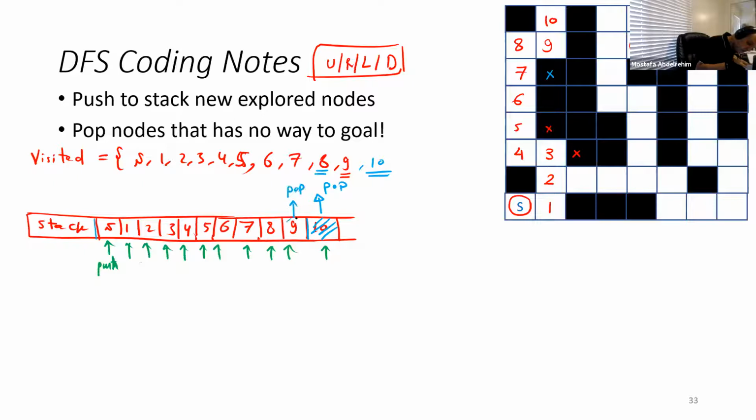Another pop. So the stack now is from here to here only. It's a dynamic array. The size in memory will change. That's also a very good thing about using queues or stacks, because they are dynamic arrays. If they have 2 elements only, then you are using only 2 locations in the array.